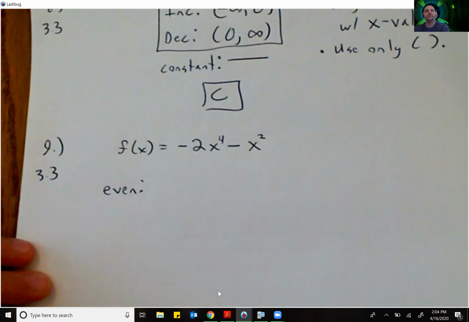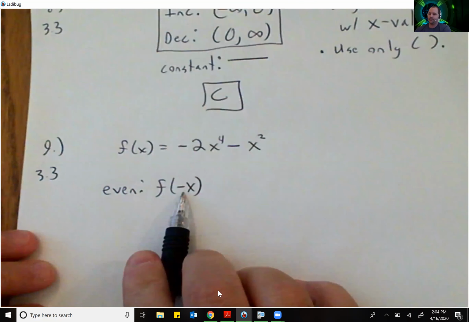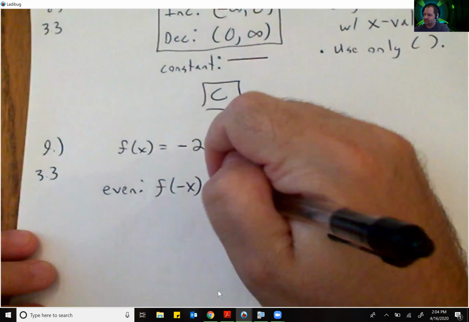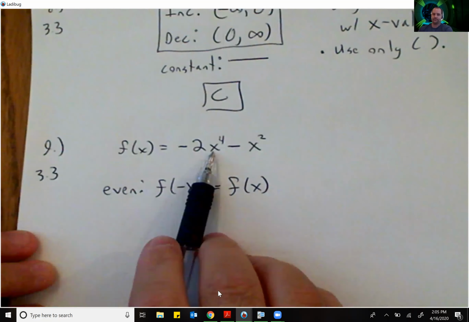So if you are symmetrical to the y-axis, all you need to do is plug in a negative x and see if we get the original equation back out.